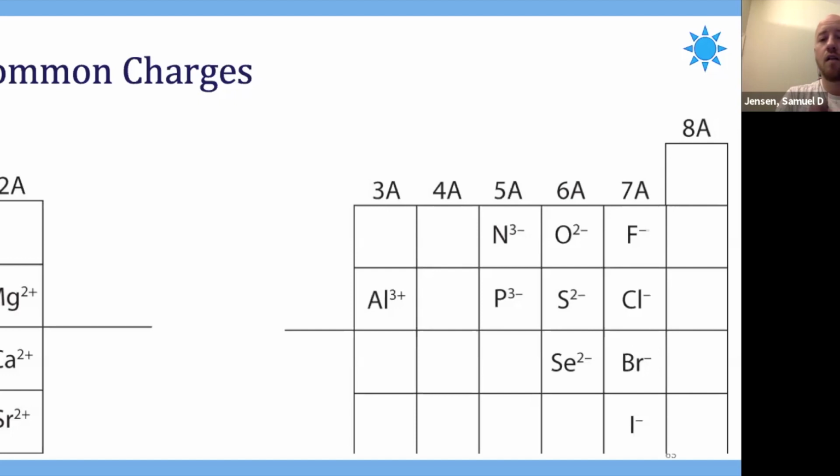Now that being said, I will use nomenclature on the first test. So if I tell you that I have 50 grams of magnesium chloride, how many moles is that? Well, the question is not about what is the formula of magnesium chloride, but if you don't know how to make the formula of magnesium chloride, you are not going to be able to come up with the number of moles, right?